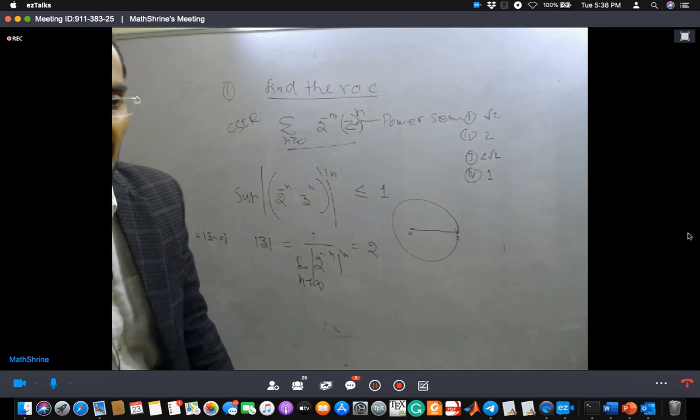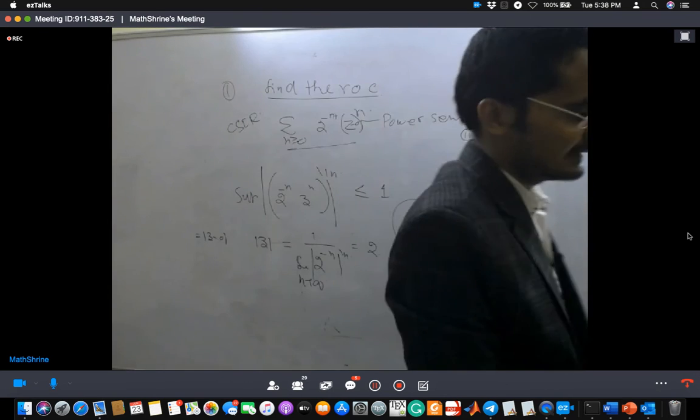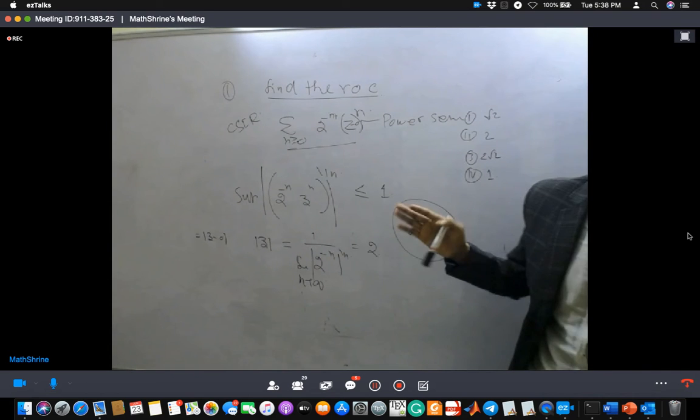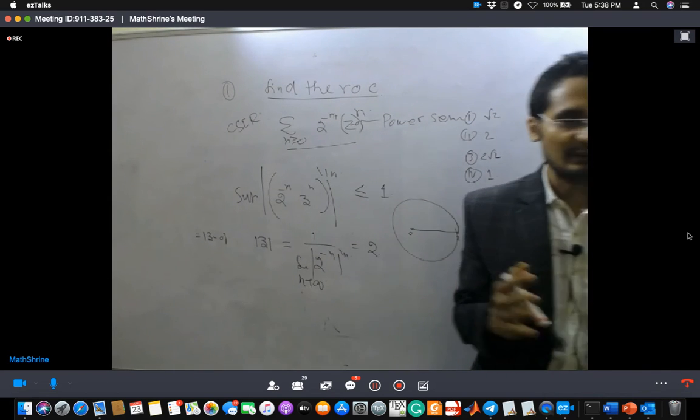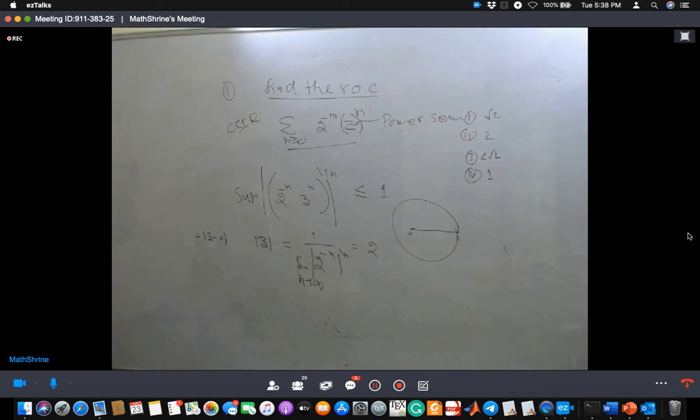And if you remember a little bit of uniform convergence, then I can tell you inside this disk it will be uniformly the same. The power series interpretation and the function will be exactly the same. Okay, anybody have any doubt?